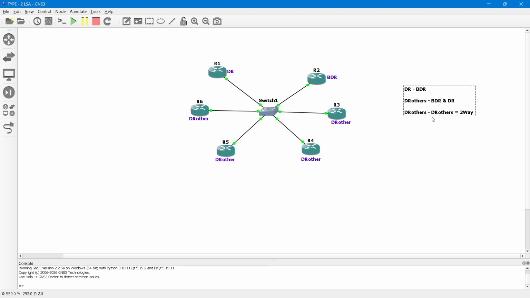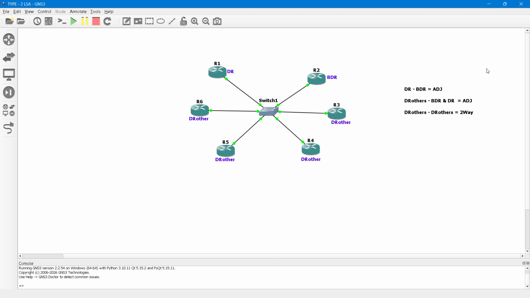Clear, right? Designated router and backup designated router, adjacency. DR others will make adjacency with the BDR and DR. Right? Great.